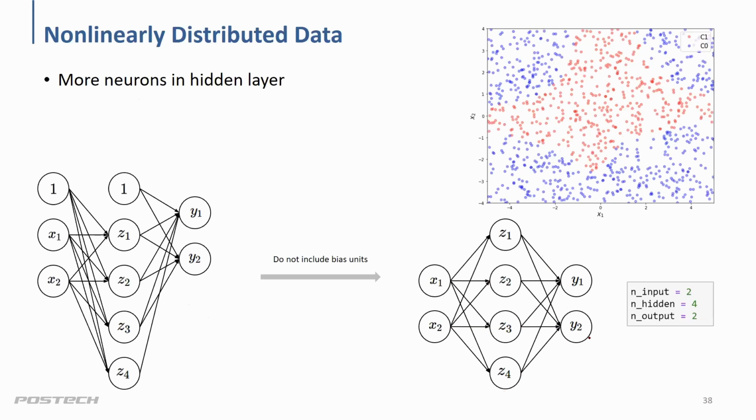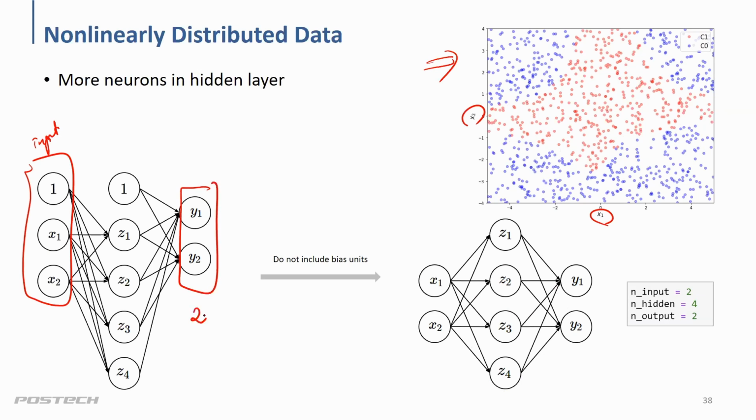Now let's think about this. If I ask you to design your artificial neural net or multi-layer perceptron, these are the inputs, and of course we have this, and these are fixed. This is a binary classification problem, so we have two output neurons, and probably we don't include this.